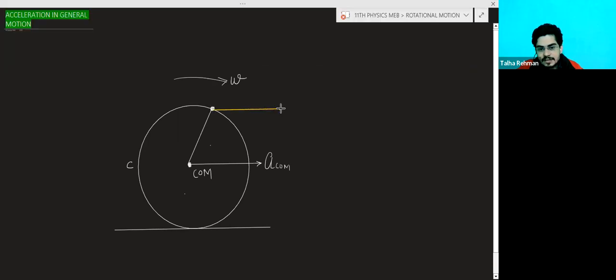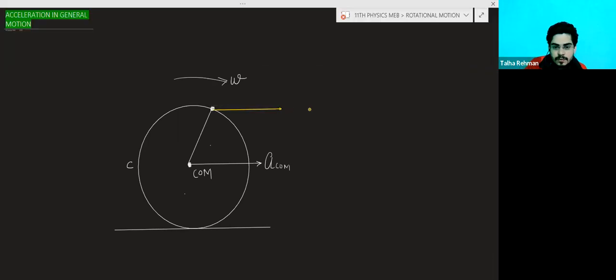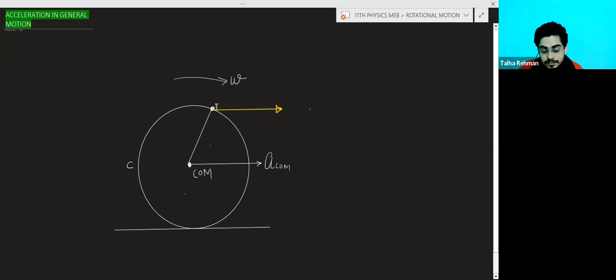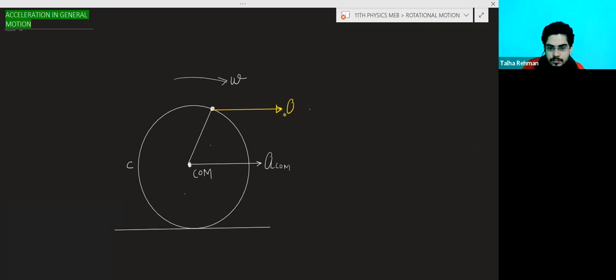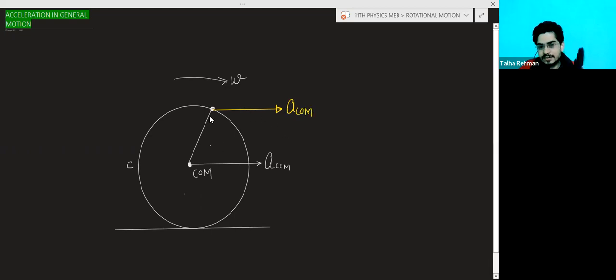So there will be one acceleration at this point, that will be acceleration of center of mass. Clear? Okay, out of this point you can take any other point also, then also this acceleration will be imparted to that point.